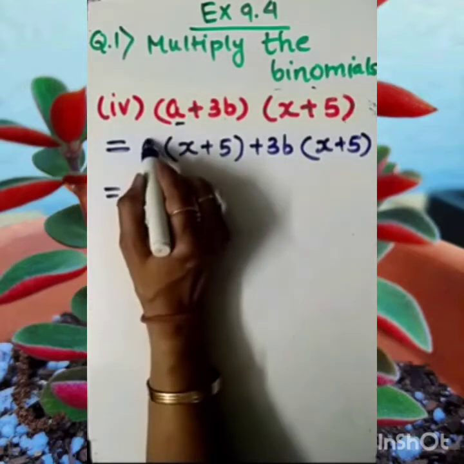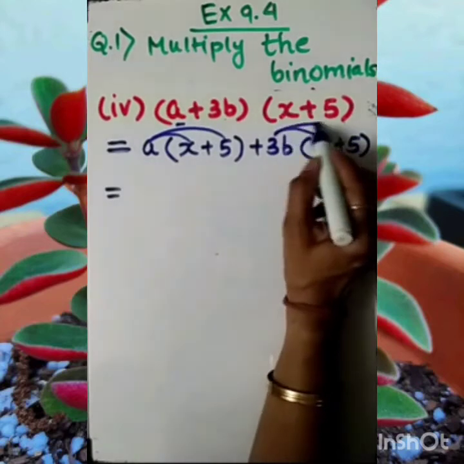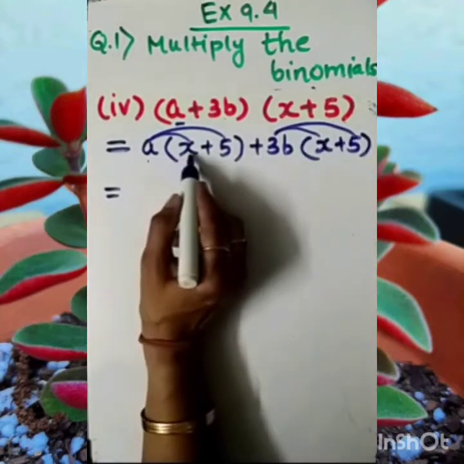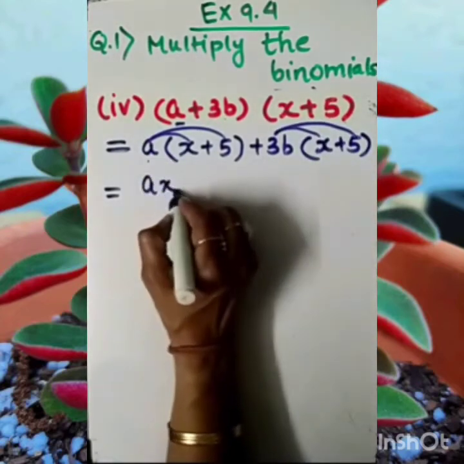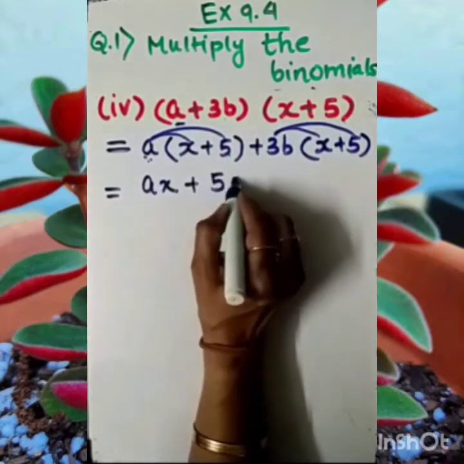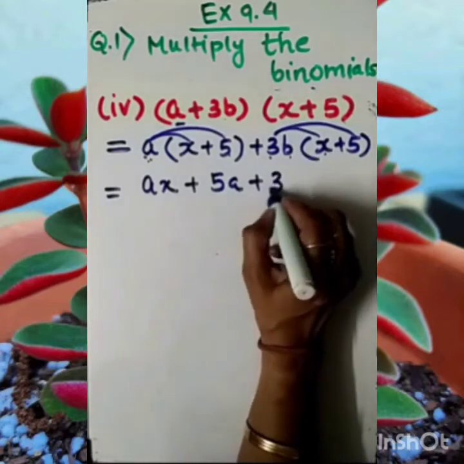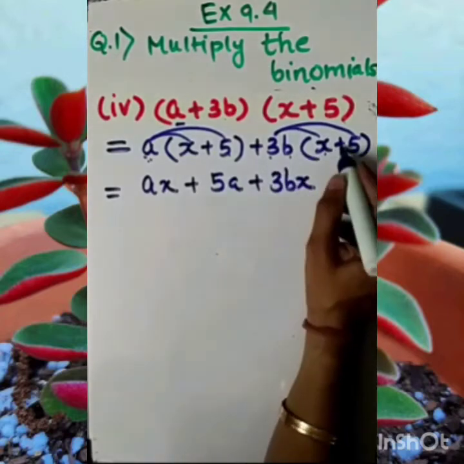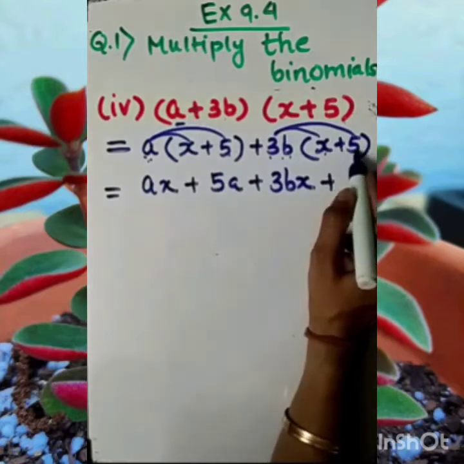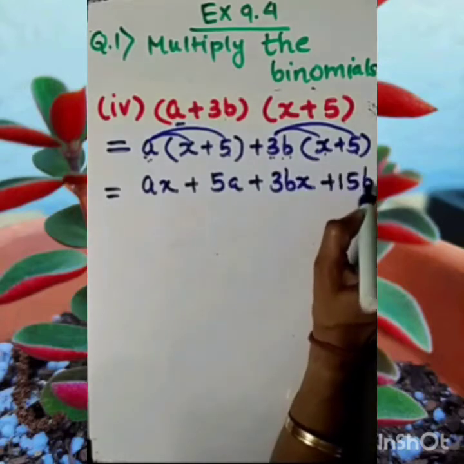Now, as we know, a into x, then a into 5, 3b into x, 3b into 5. A into x gives the result ax, plus a into 5 gives the result 5a, plus 3b into x gives the result 3bx, plus 3b into 5. So 3 fives are 15, and this b is there.